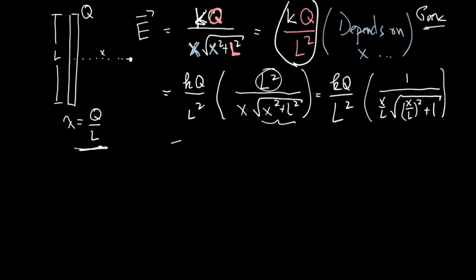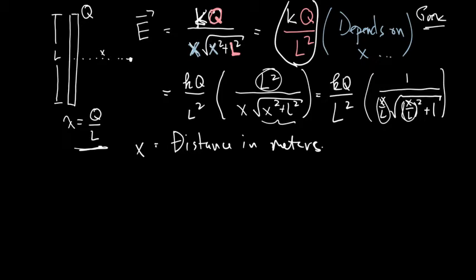So now I just have this strange combination x over L. Normally when we think about our x, we think about it as a distance in meters. But for this problem, the meter isn't necessarily convenient. It's just an arbitrary length that somebody decided a long time ago. It's the distance between two scratch marks on a bar in Paris, France.